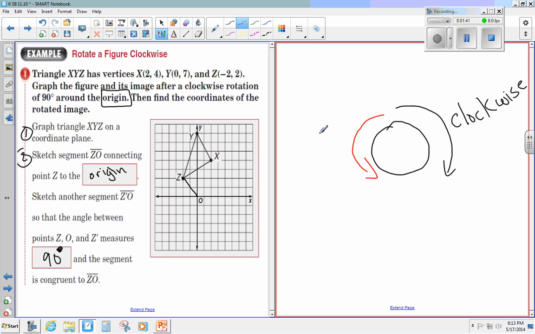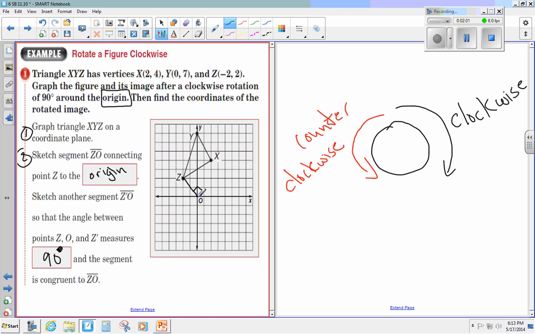This would be counterclockwise. So that determines which way you draw your line. We're going clockwise, so we need to do a 90-degree angle clockwise and come straight up through there to here.